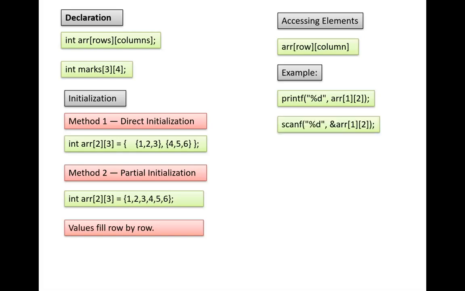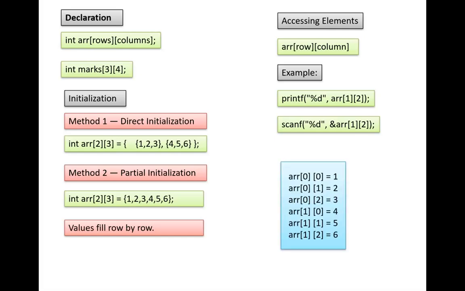How should I input? scanf("%d", &arr[1][2]), row 1 followed by column 2. So this is how the memory layout of the data items present inside the respective row and column indices looks. Fine. So we are done with the declaration, initialization and simple accessing of elements using a two-dimensional array.